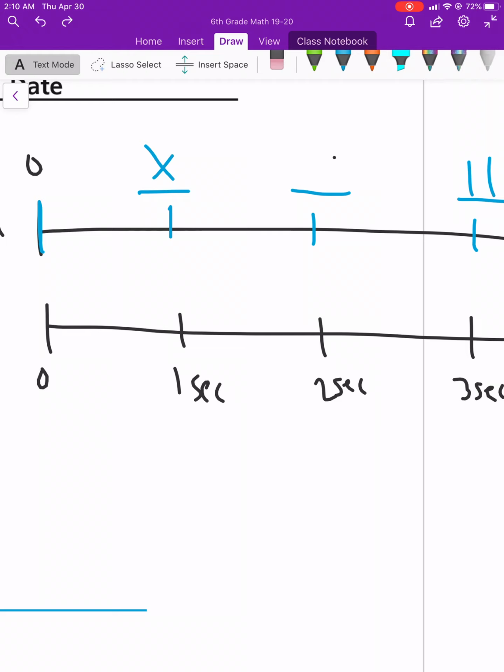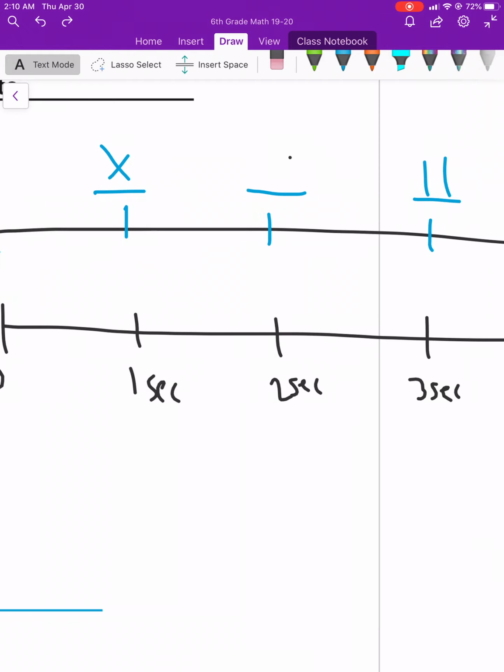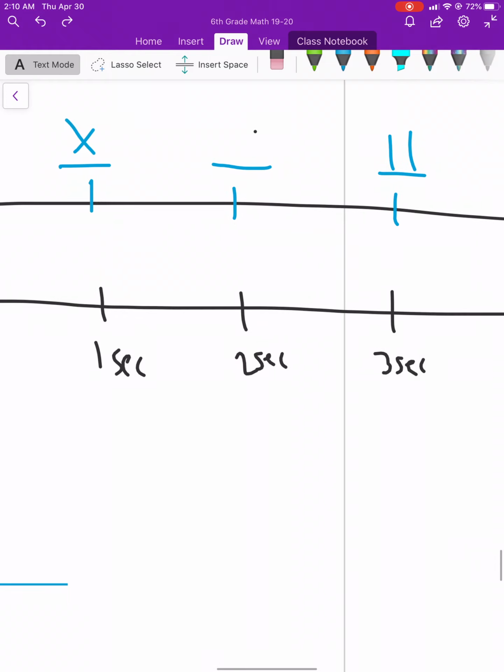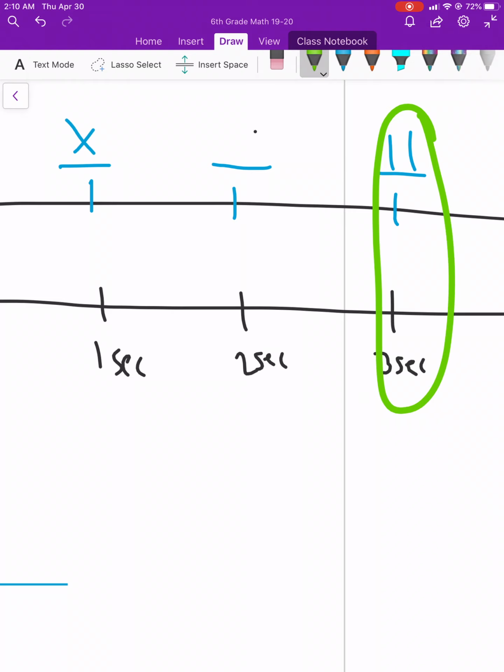So I need to figure out, how can I solve for X? How can I get that unit rate all on its own? There are a couple of different ways, and what I did was I said, I'm going to use the information that I have available to me. I know that for every 3 seconds, I have 11.